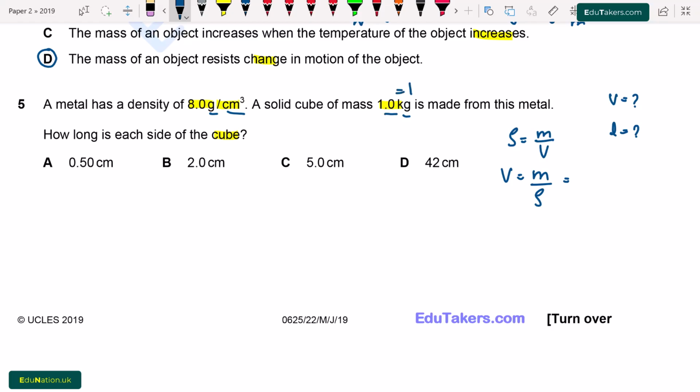It will be equal to 1000 gram. So I write here 1000 divided by density 8.0. So volume will be equal to 125 centimeter cube. We know that all sides of the cube are of equal length. So the volume of the cube is basically equal to L cube. It is equal to 125.